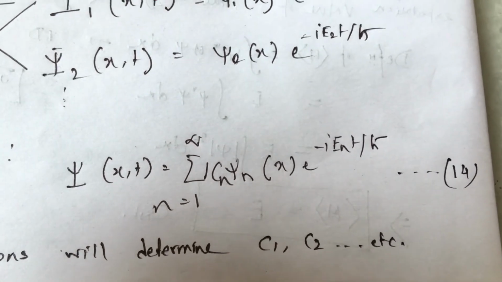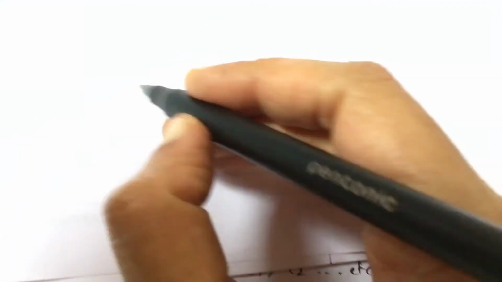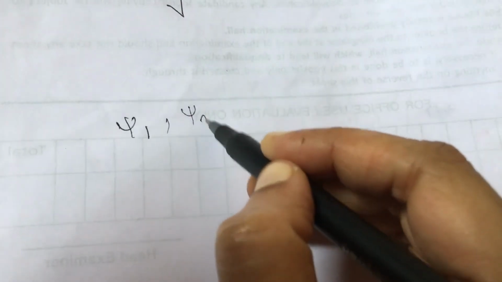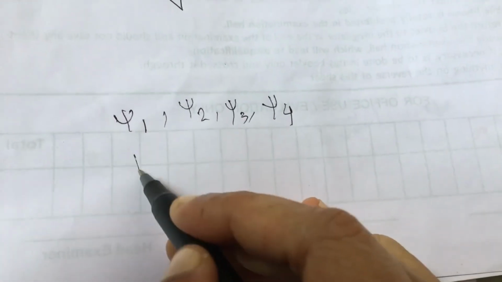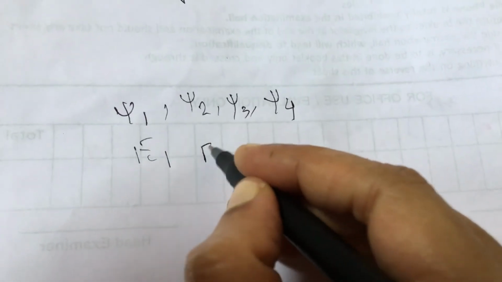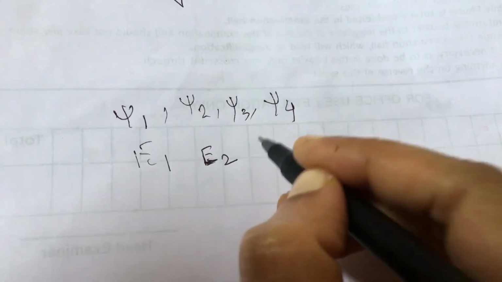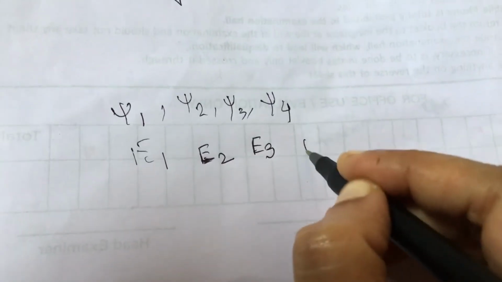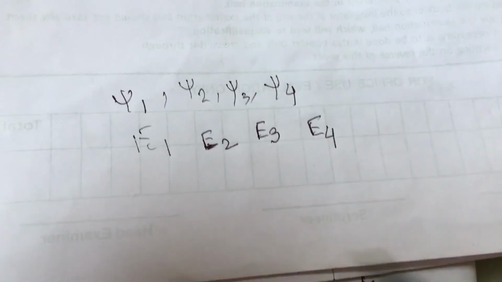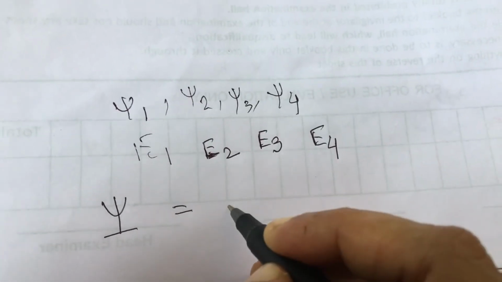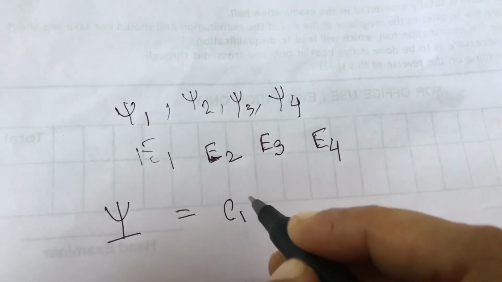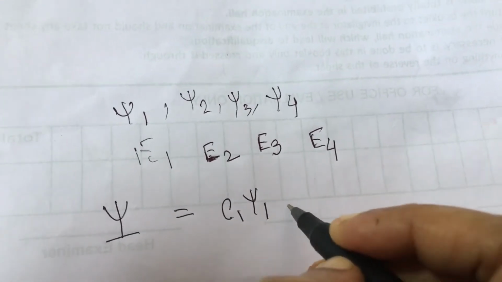Suppose I have 4 wave functions, that is psi1, psi2, psi3, psi4 corresponding to the energy values E1, E2, E3 and E4. So for the general combination I have to write C1 psi1.